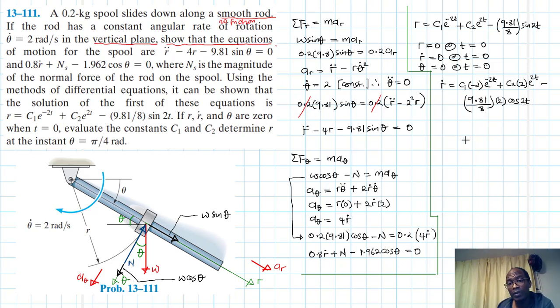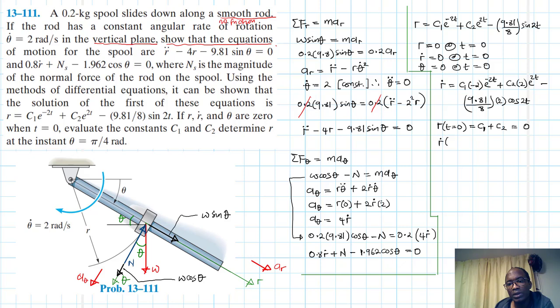Okay, so let's work out this. So r at t equal to 0 is just going to be equal to C1 plus C2 equal to 0.